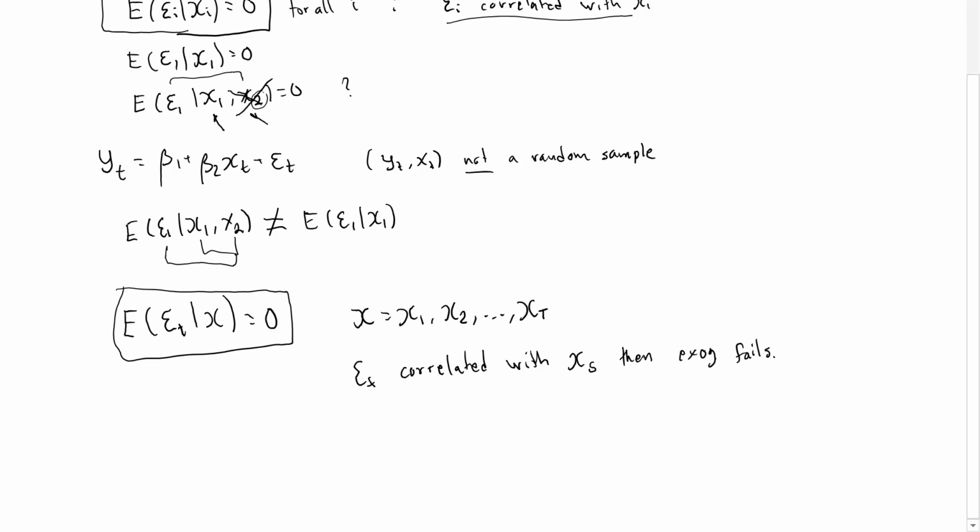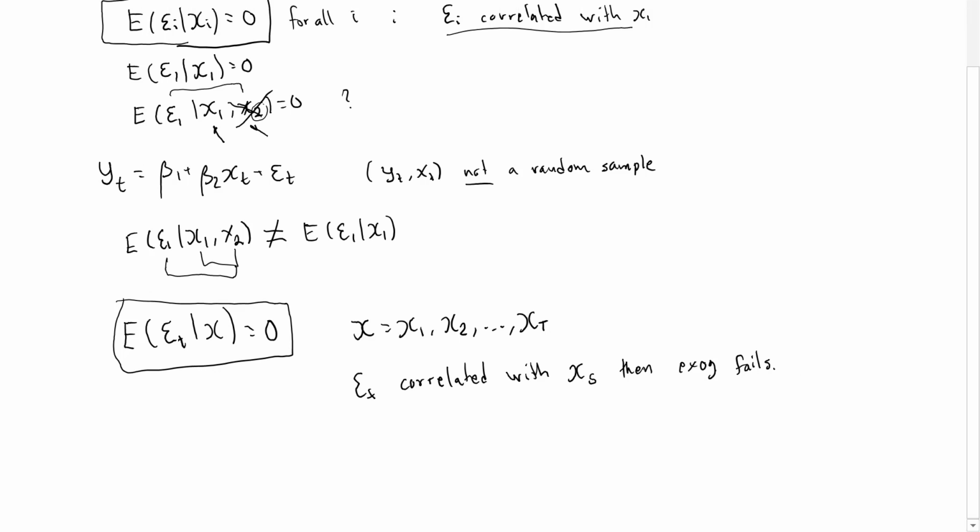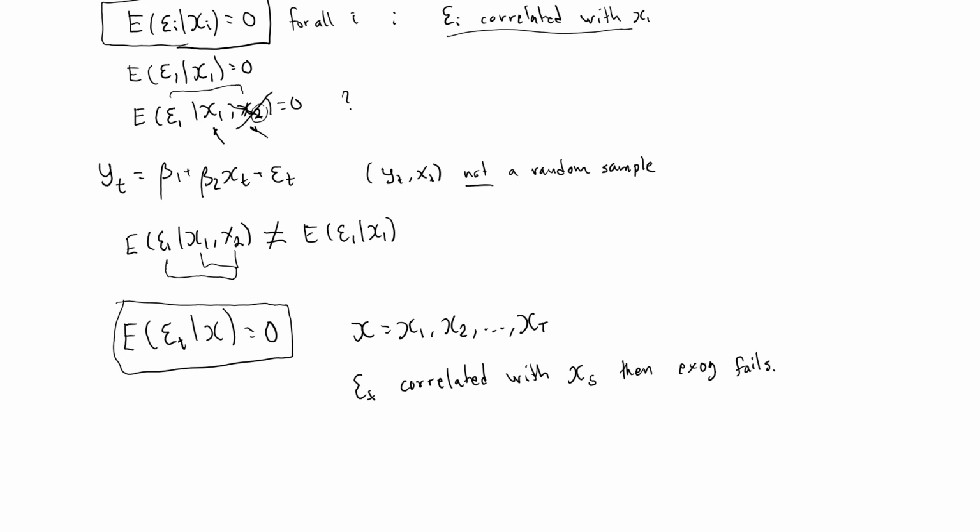And just like in the case of cross-sectional data, a sufficient condition would be that the error term was independent of the x variables at all points in time. If the expected value of the error term was also equal to 0, then it would also be okay.